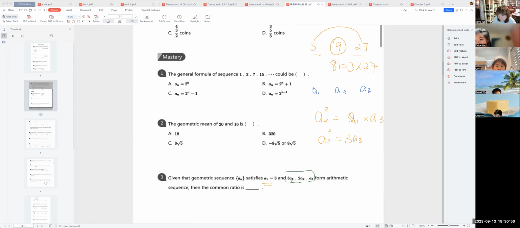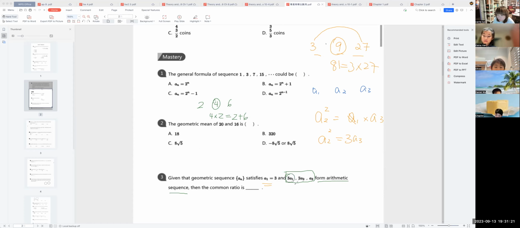That means 3 times A1 and 2 times A2 and A3 itself form an arithmetic sequence. 什么叫 arithmetic sequence? 就是比如说 arithmetic sequence 2, 4, and 6. So the middle number times 2 equals the first and the last number sum. Okay, so that is the differences between geometric and arithmetic.